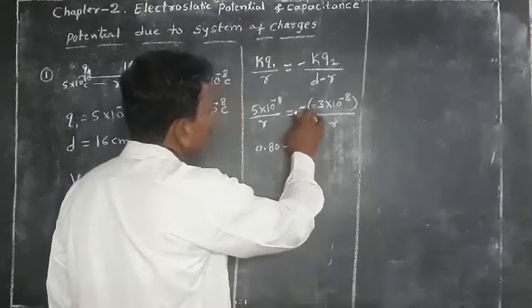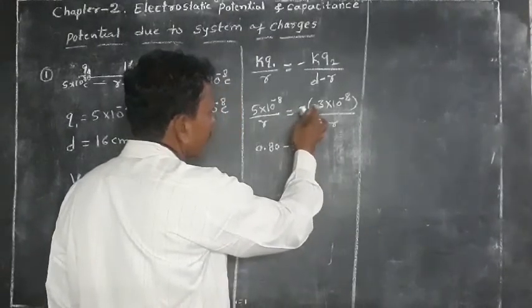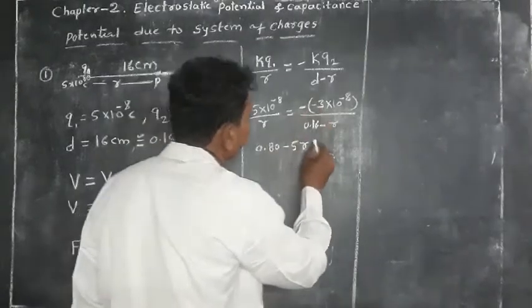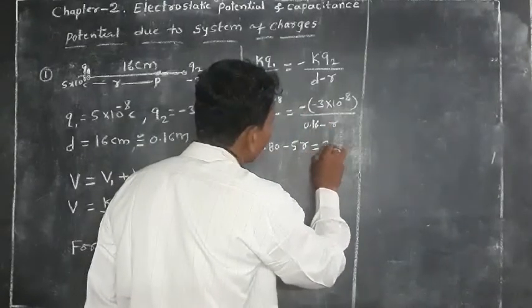Here minus into minus plus, plus 3, 3 into r, 3r.